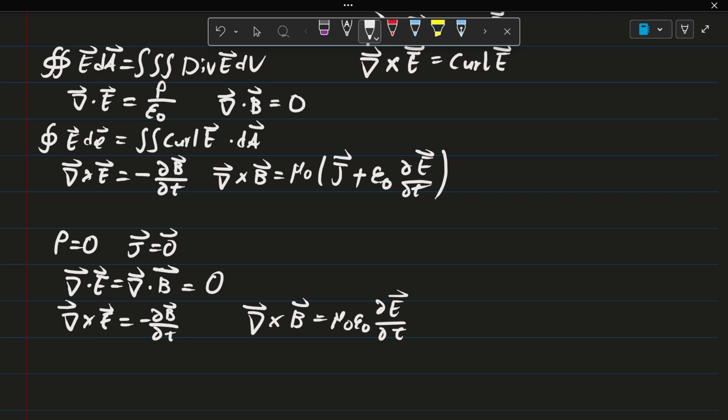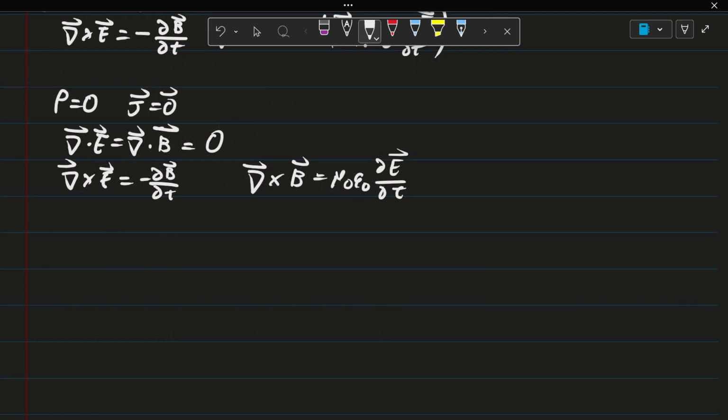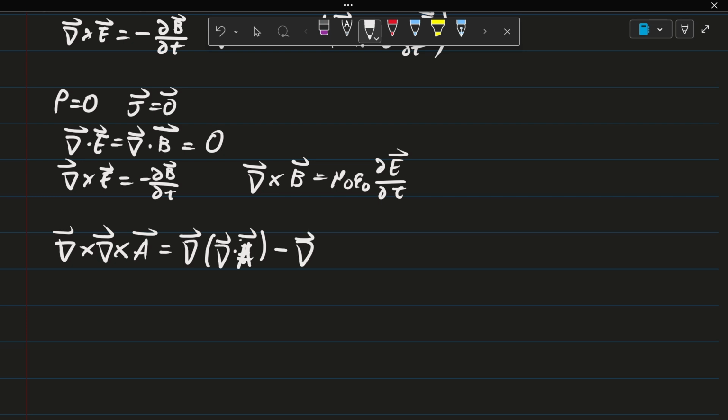Now this is where the trick within vector calculus comes in. A relation within vector calculus that we could use is that the nabla cross the nabla cross the A vector, technically, because this is in general, will be the same thing as taking the gradient of the divergence, subtracted by the Laplacian of the A vector.